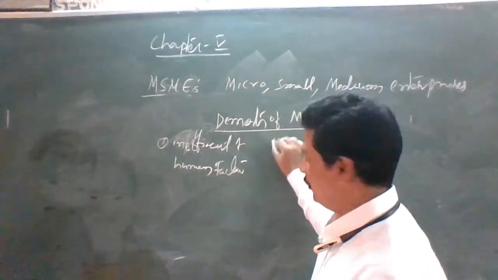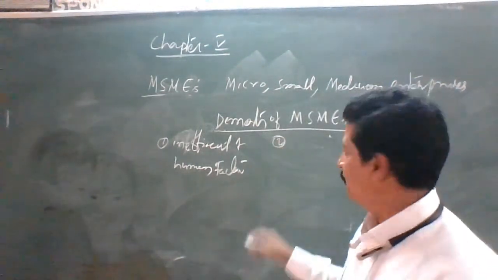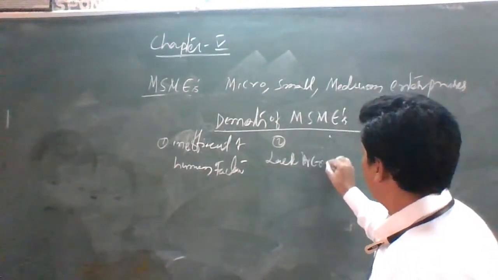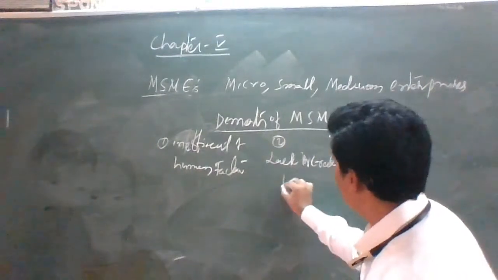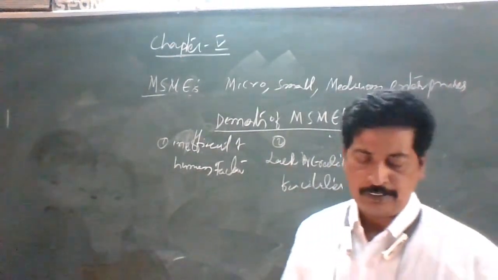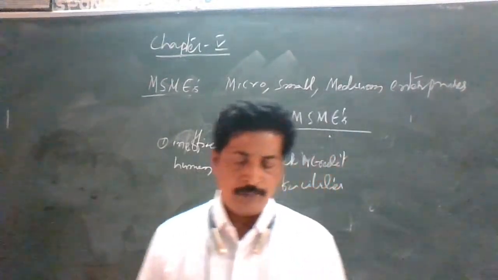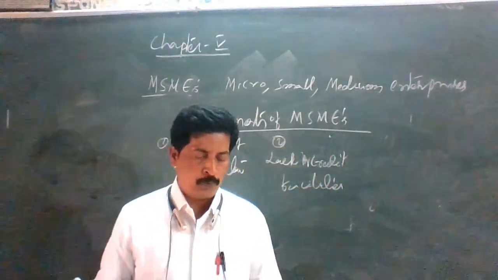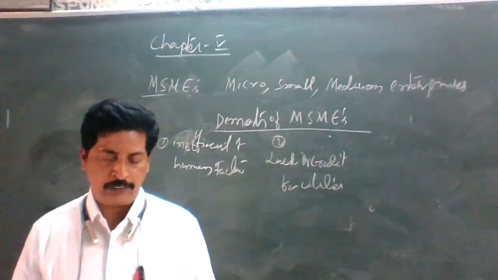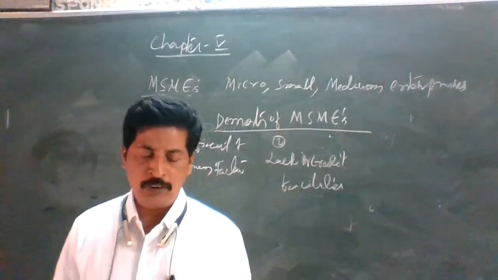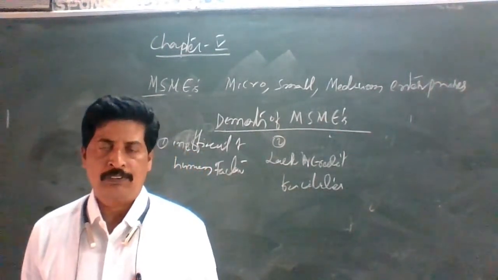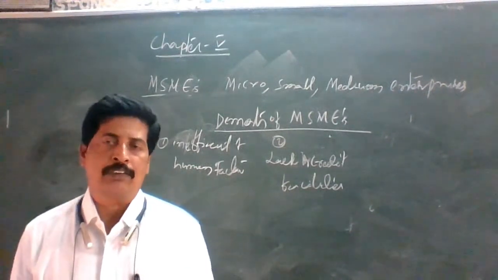Then the second one is lack of credit facilities. Generally, MSMEs are facing a lot of credit problems. Either way, they simply fall into the clutches of moneylenders or middlemen. They are charging a high rate of interest.